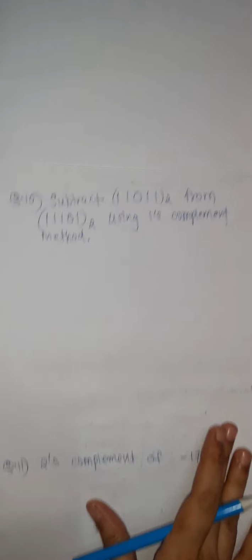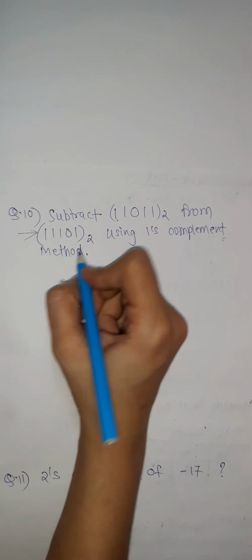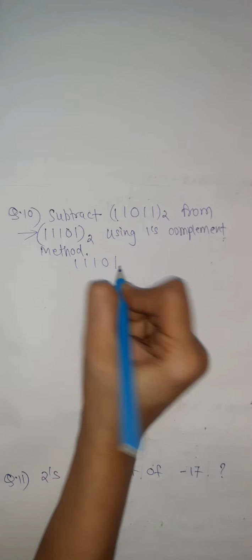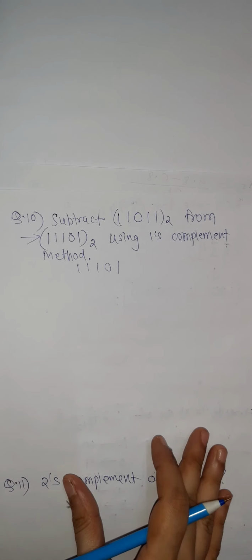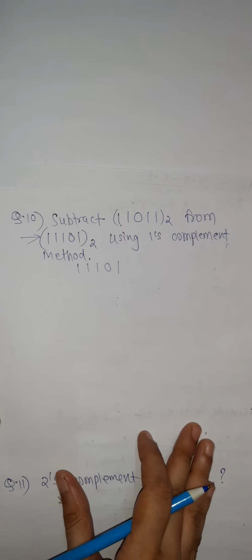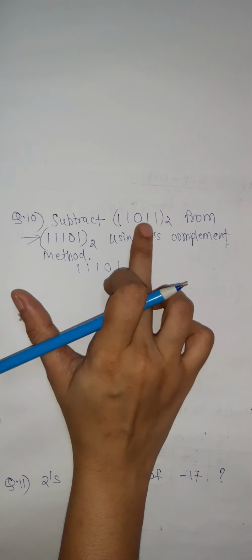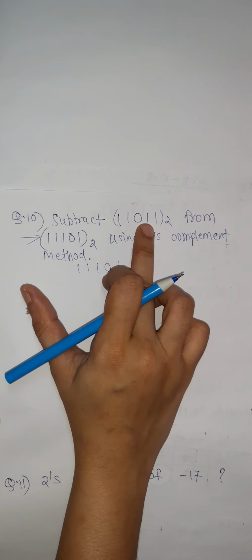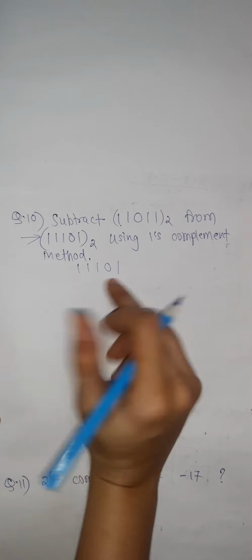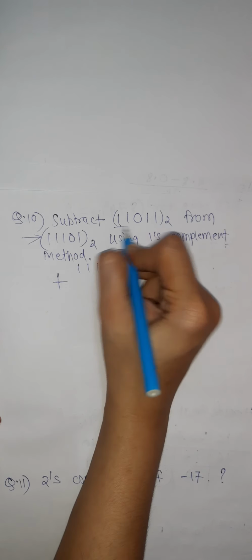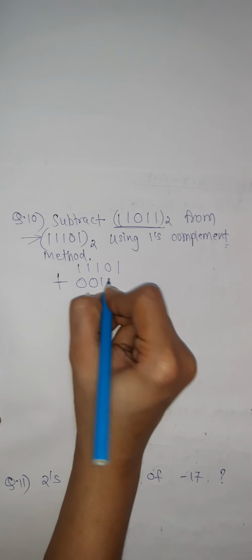Now the next question is subtract 11011, that is binary, from 11101 using the 1's complement method. Here we have to subtract this number from this, so keep this number as it is, 11101, and using the 1's complement method we will take the 1's complement of the number which has to be subtracted, and we will add this 1's complement to this. The 1's complement of this is nothing but 00100.